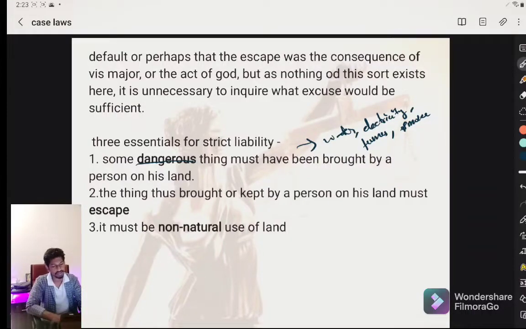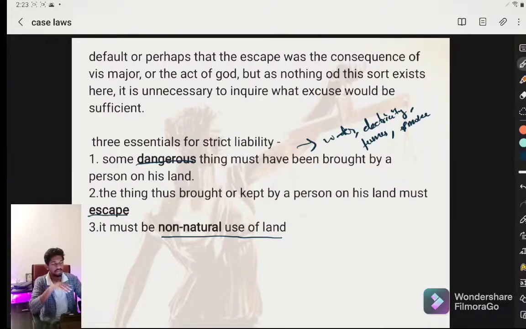The second is that the thing brought or kept by a person on his land must escape. It's obvious, right? You wouldn't be liable if the substance you kept on your land doesn't escape from the land you're in occupation of. The third is that it must be non-natural use of land.